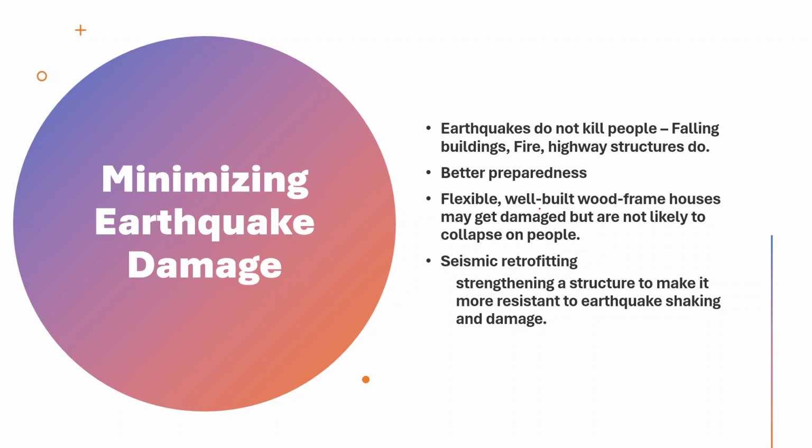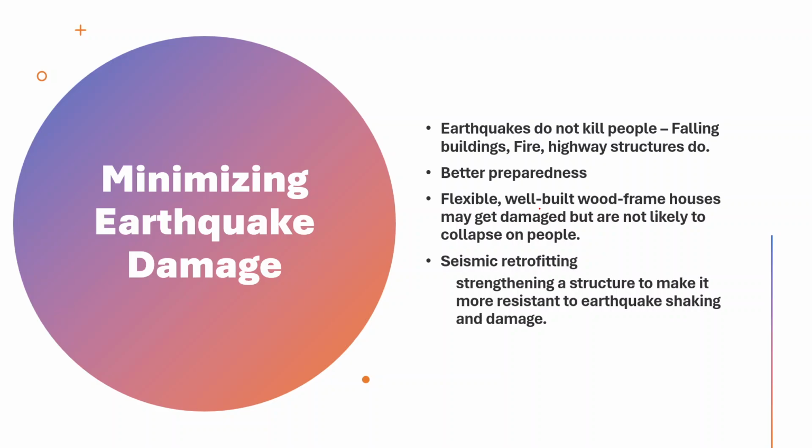If you look at videos on YouTube or images on Google, you can see that the Japanese house structure is very much different from our houses. We have these concrete houses. They also have concrete structures, but they build them so that they can accommodate the energy which is released during an earthquake. They may get damaged but are not likely to collapse on people. If that structure is strong, inside damages might be there, but it will not collapse and kill more people. So that much guarantee they can give.